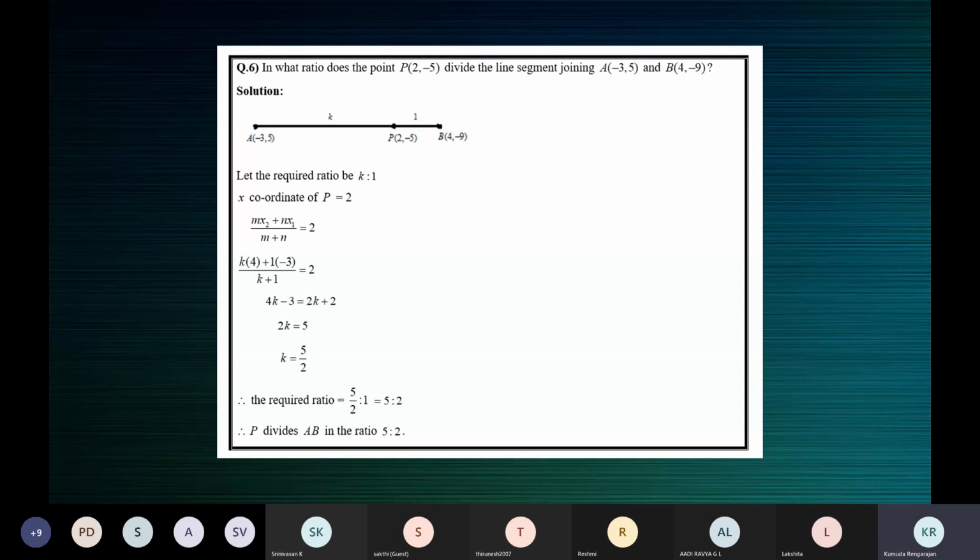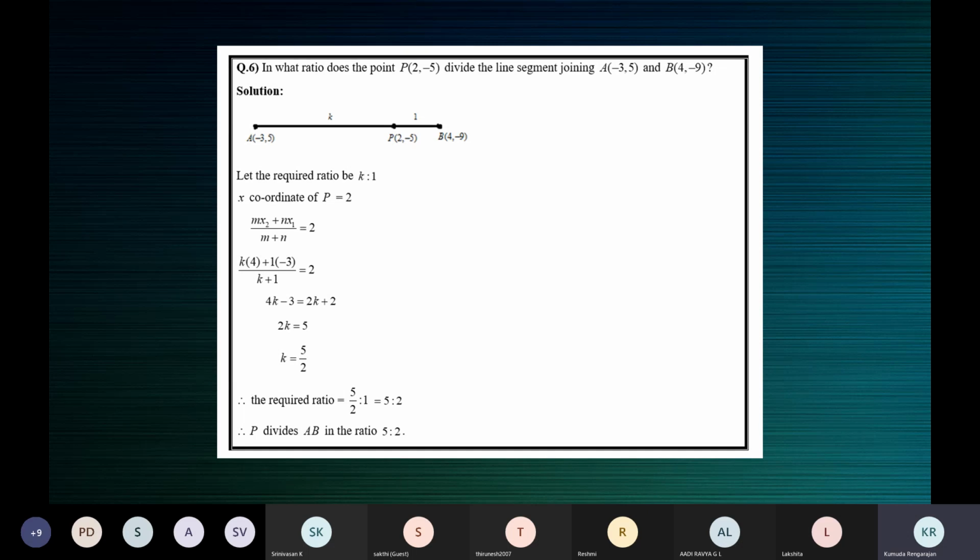K/1 is nothing but k, right? We are just assuming the ratio to be k. K:1 is nothing but k. We are finding the value of k, and that itself will give us the ratio. So instead of saying let the ratio be k, we say k:1.